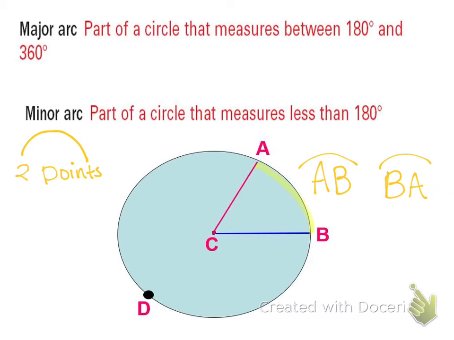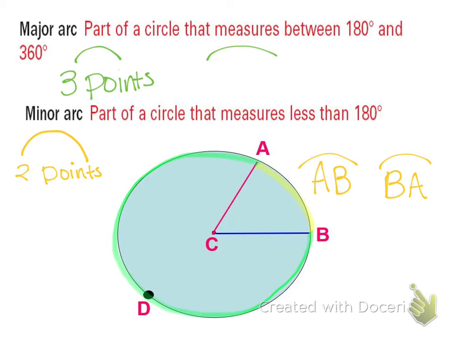A major arc, which is over half, you use 3 points. So if we wanted to name it, you can use a different color. Highlight the major arc. It's the remaining part of the circle. If you want to name this one, it does matter the order that you go in. You can start at either end.